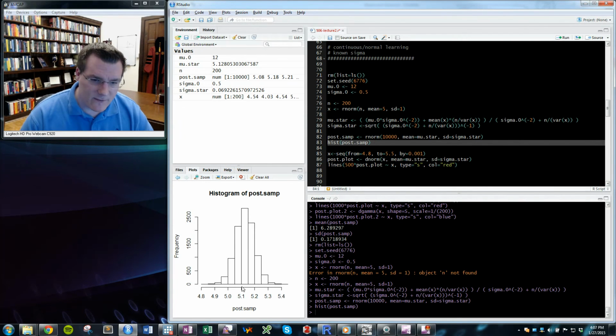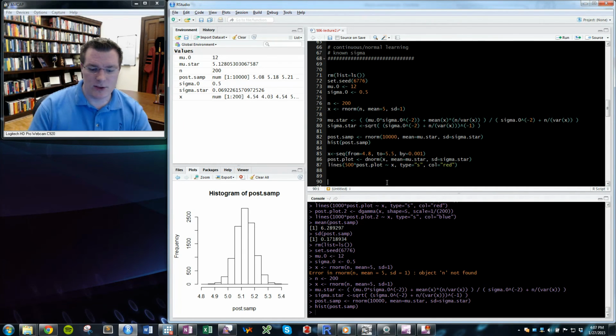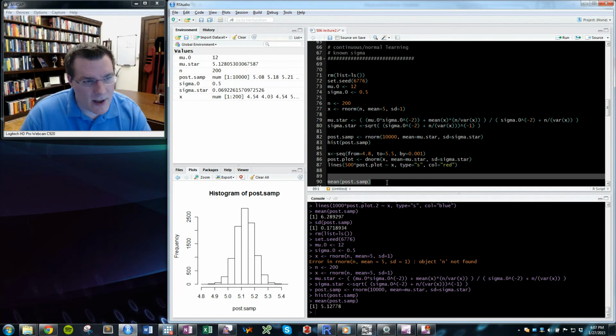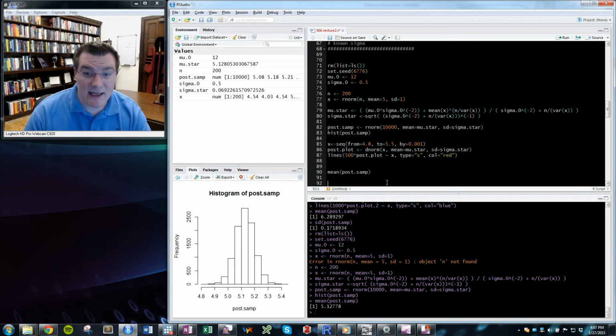And what do we have? Well, the result is centered on about 5.1, and in fact we could, if we wanted to, look at our posterior mean estimate. This is a little bit weird.